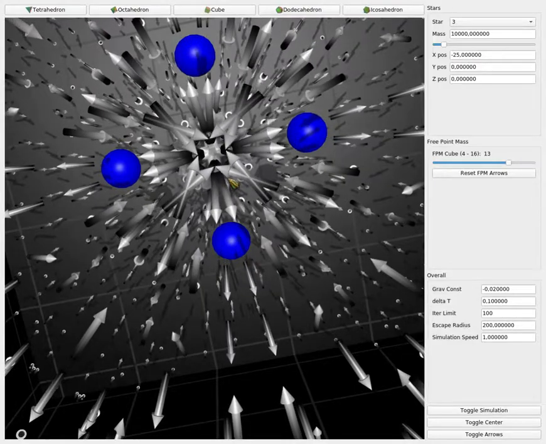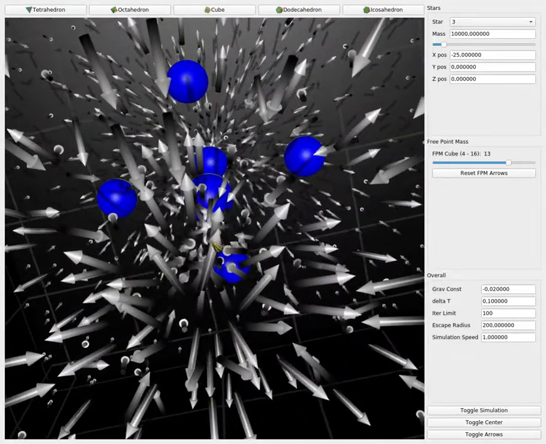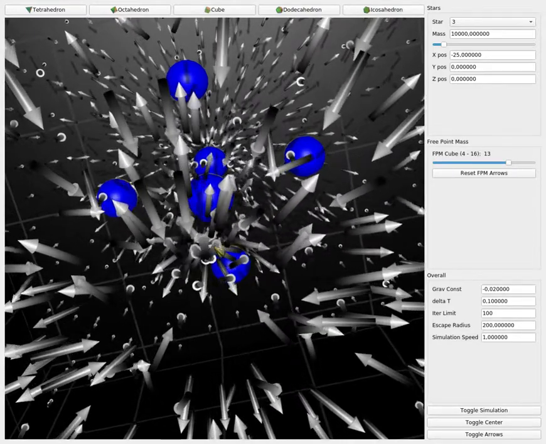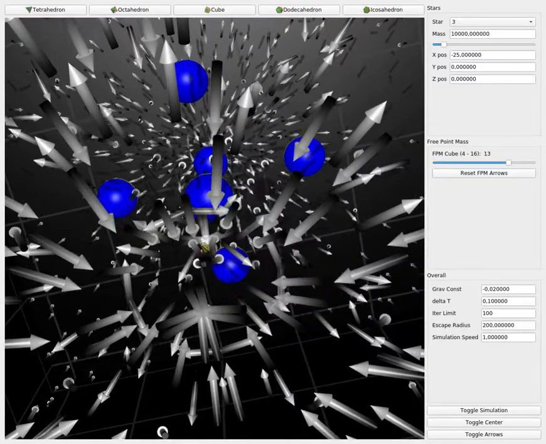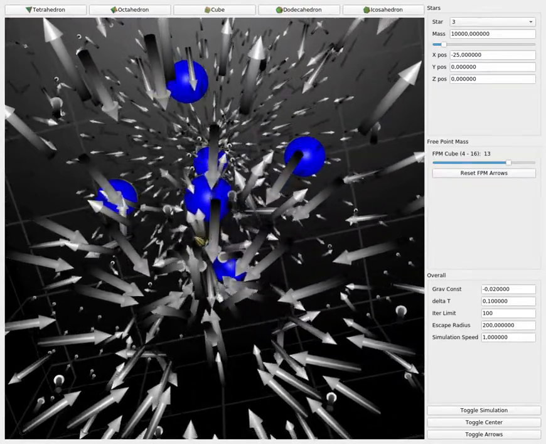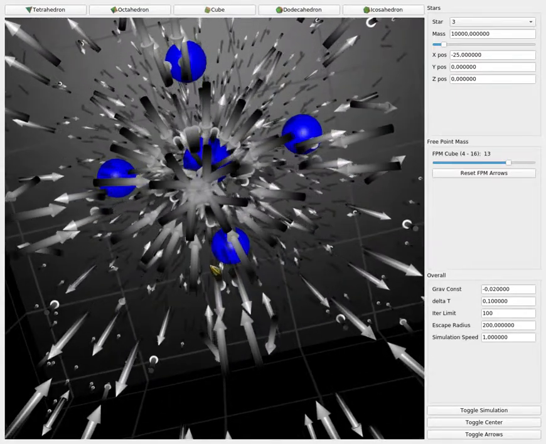And we can see a lot of complex things going on. Arrows flowing in, flowing out. Some arrows doing some weird things. Arrows being ejected at high speed.